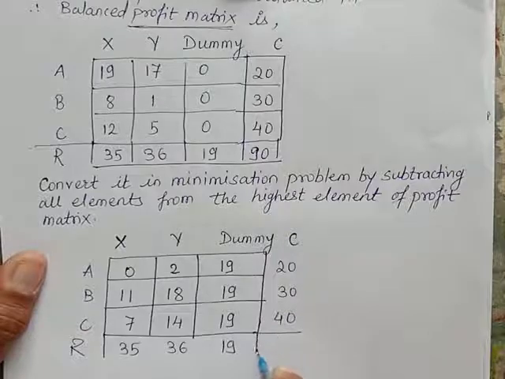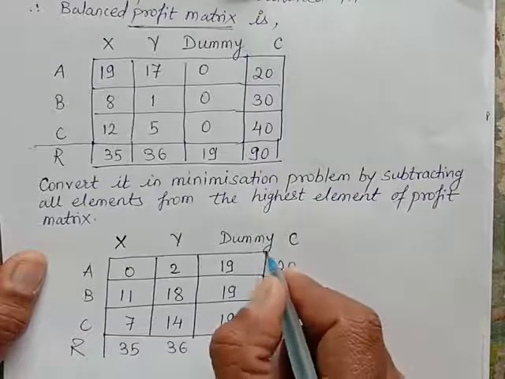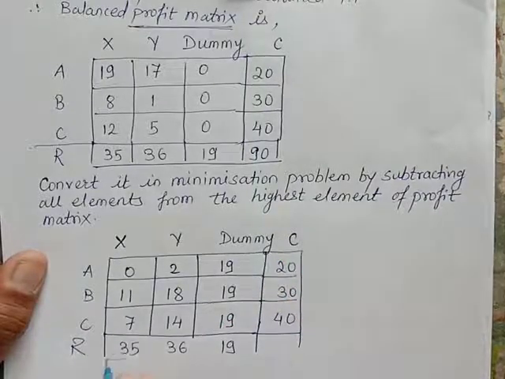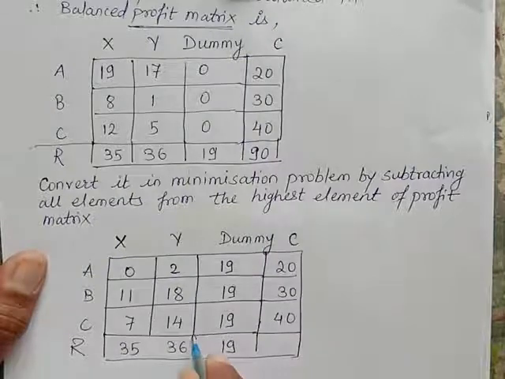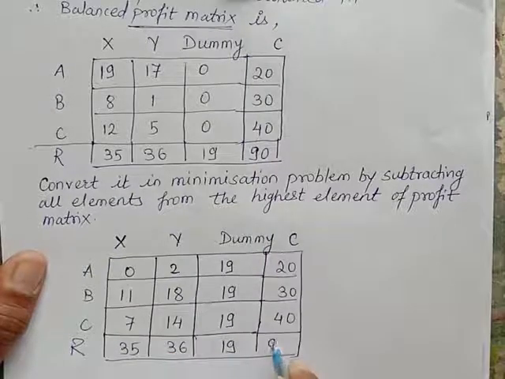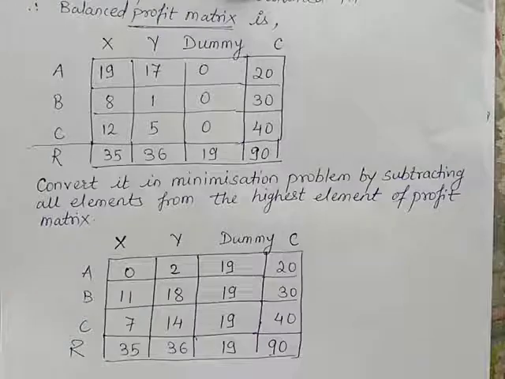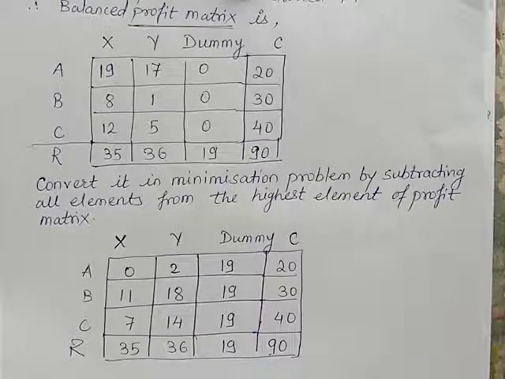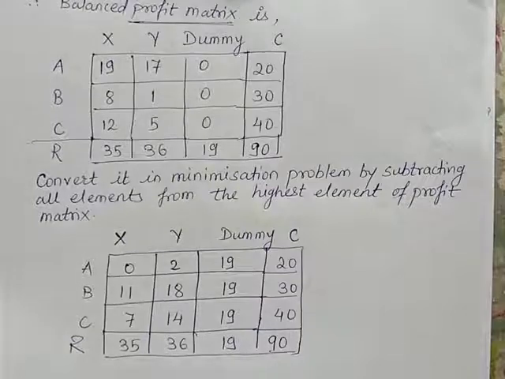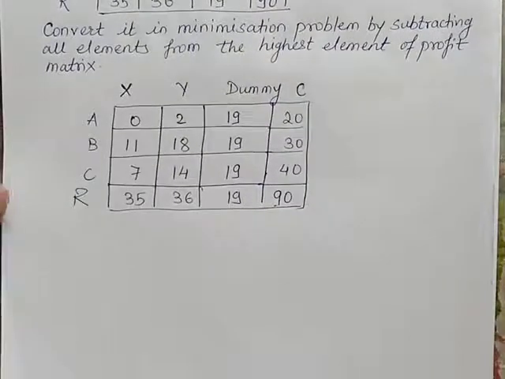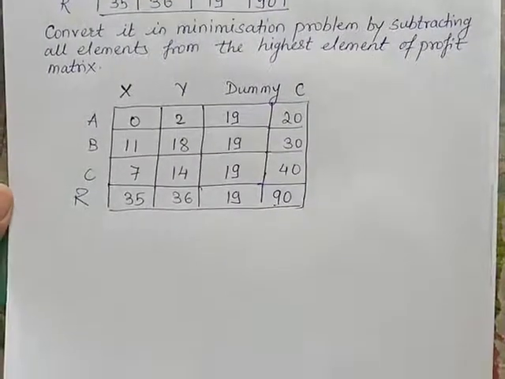Now this is our minimization type of transportation problem. This one we have to solve. First of all, find the initial basic feasible solution, that is IBFS, either using northwest corner, least cost method or VAM. So let me find it using VAM and later on we will go for its optimization.